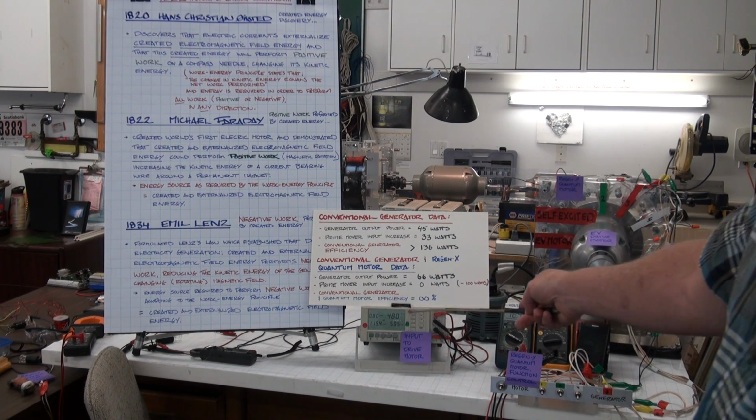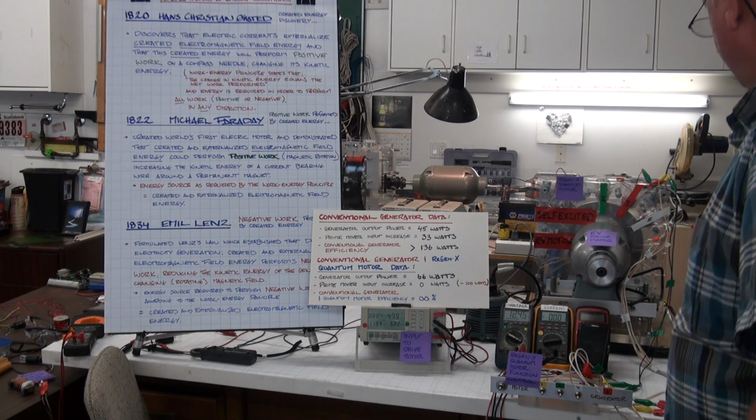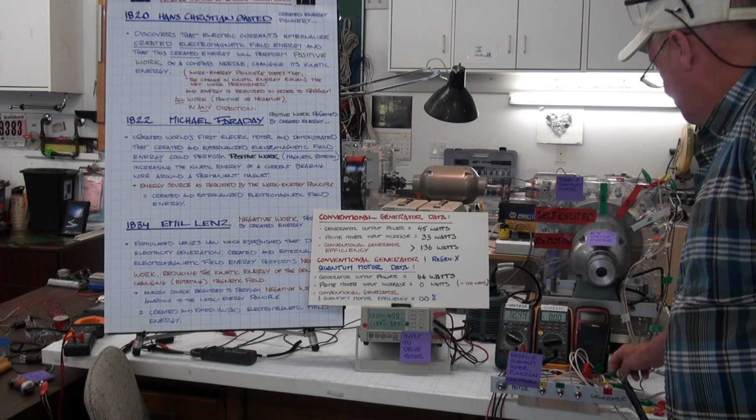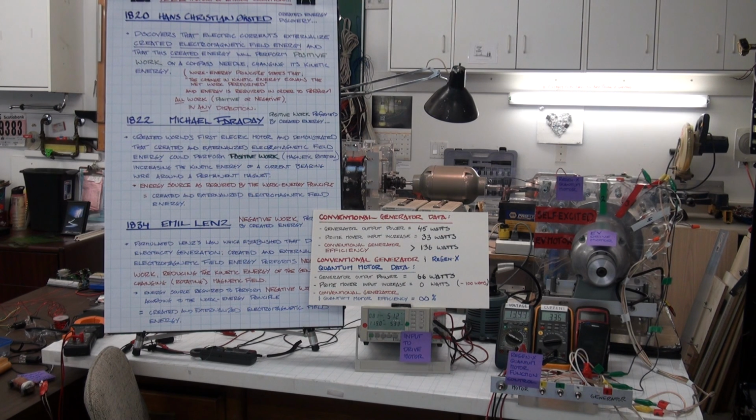And the input to the prime mover is going to go up by about 33 watts. So currently we're delivering about 45 watts to the battery, and our input to our prime mover has gone up, meaning that the generator is performing negative work.